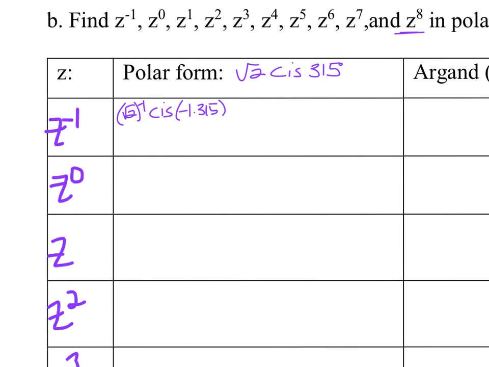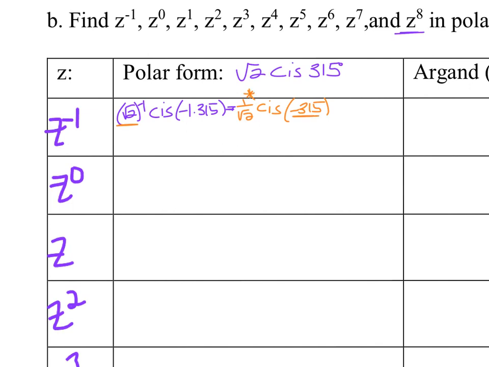Square root 2 to the negative 1 power is 1 over square root 2, and then cis, negative 315. A couple of things here. We have to rationalize the denominator, and our angle has to be between 0 and 360.